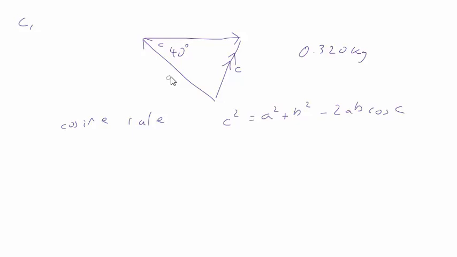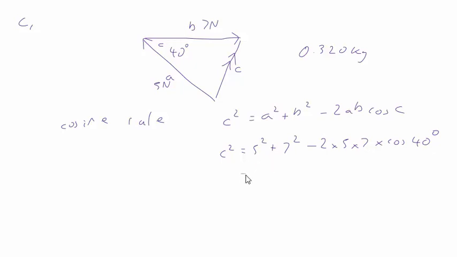We can call this a, and we can call this b, and a I said was 5 newtons and b is 7 newtons. So then c squared is equal to 5 squared plus 7 squared minus 2 times 5 times 7 times cos 40 degrees.